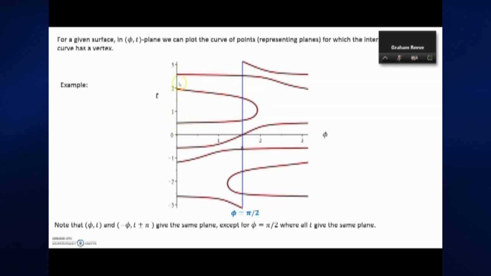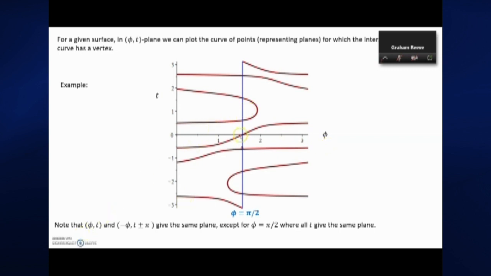Now the value phi equals 0, and of course also the value phi equals pi, give the normal planes, and the value phi equals pi by 2 corresponds to the tangent plane. And of course these two sides are identified, and this phi t plane is actually the projective plane.